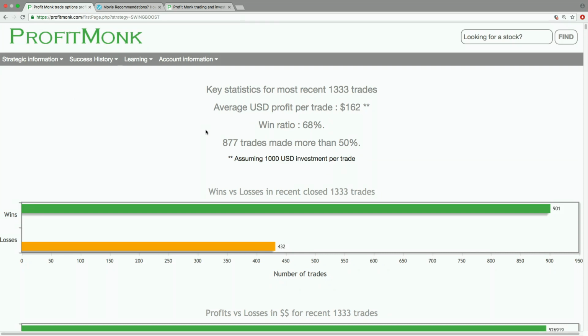The next number is more important. 877 trades made more than 50%. So out of these 901 trades, 877, which is almost all of them, gave you at least 50% of gains. So if you invested $100, you came out with 150 minimum.